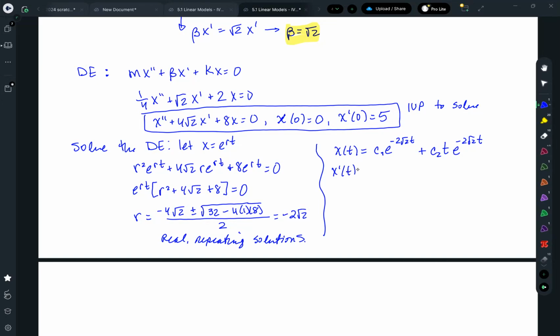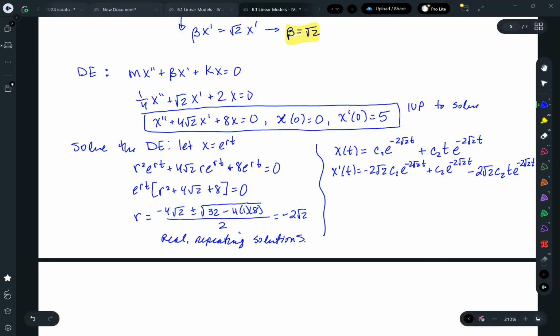So x prime of t is negative 2 square root 2 c1 e to the negative 2 square root 2 t plus c2 e to the negative 2 square root 2 t minus 2 square root 2 c2 t e to the minus 2 square root 2 t. Just barely got that in there.